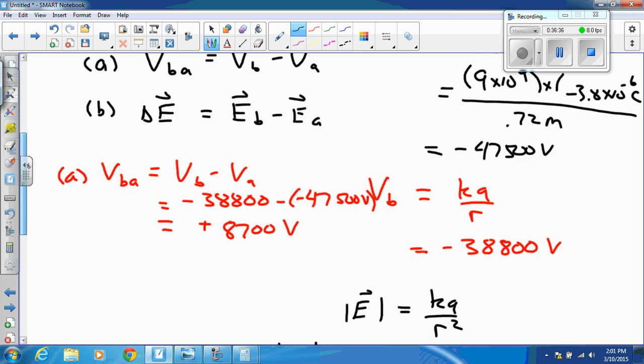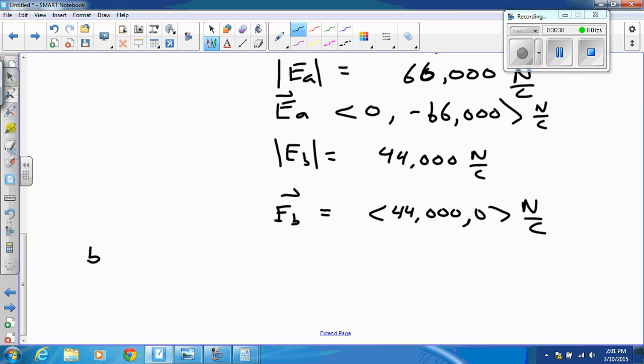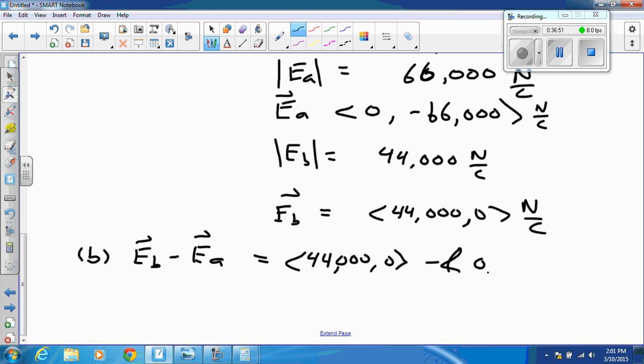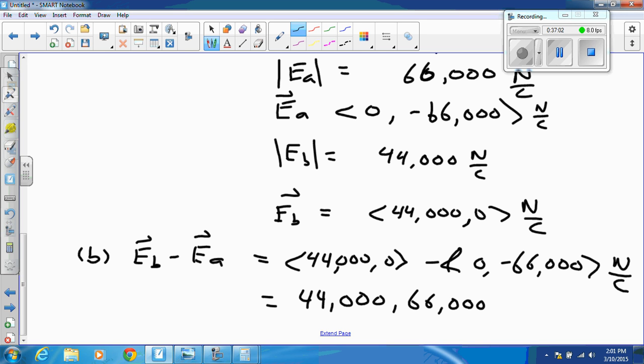And now when I find the difference in fields, EB minus EA, then I subtract them like vectors. This one minus that one. So that, importantly, I do not end up subtracting the 44,000 from the 66,000 at any time.